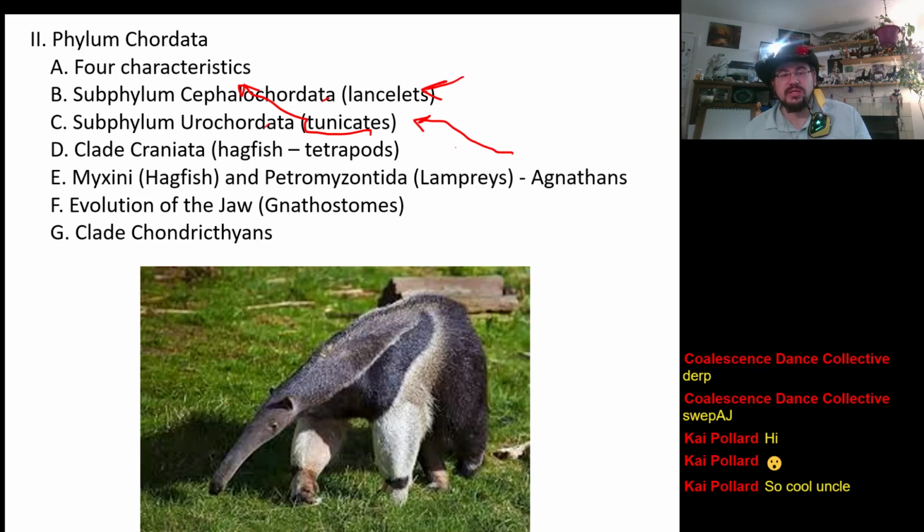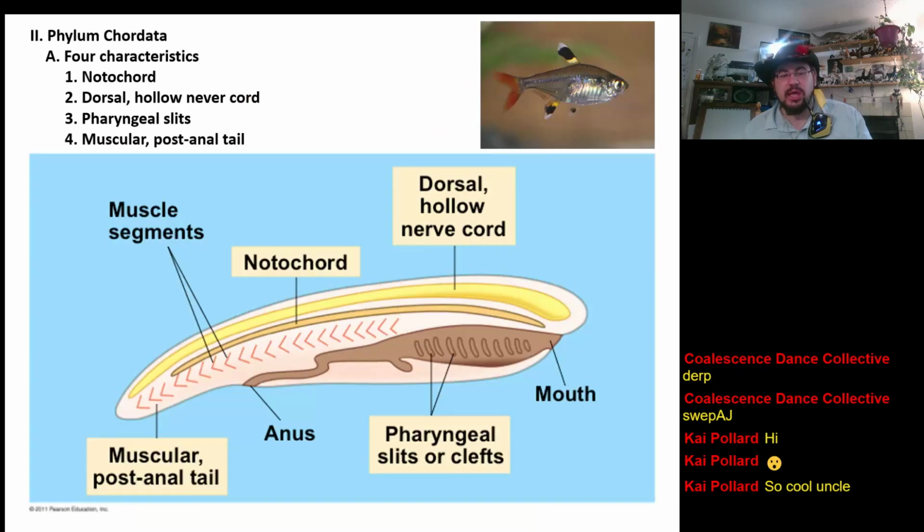Urochordata, the tunicates, which only show all four characteristics during their larval stage. Then Craniata, the hagfish, where we first see a skull. Then lampreys, agnathans, jawless fish, right? And then we have the jaw. Everything that has a jaw is a gnathostome. And we'll talk about chondrichthyes and more.